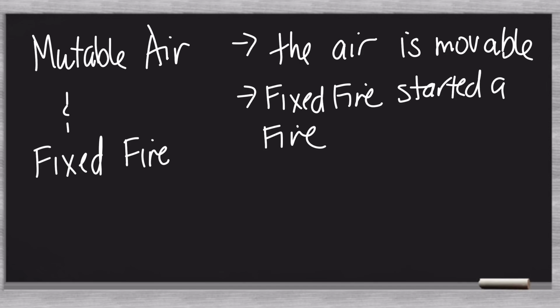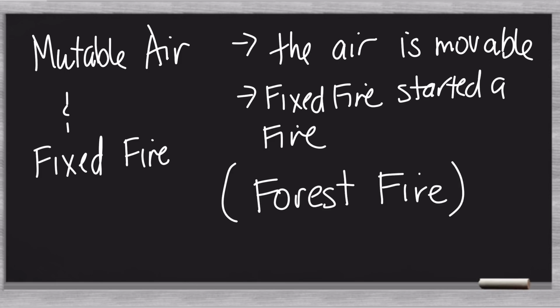So when you have fixed fire, then you can start a fire. So if you take a mirror or a glass and you put it on a spot where the sun shines on it and it concentrates on a fixed spot, it will ignite a fire. So fixed fires can start fires. The movable air can create something like a forest fire. So if you have a relationship where one is this and the other is that, then this is what you get. So this is not so good.